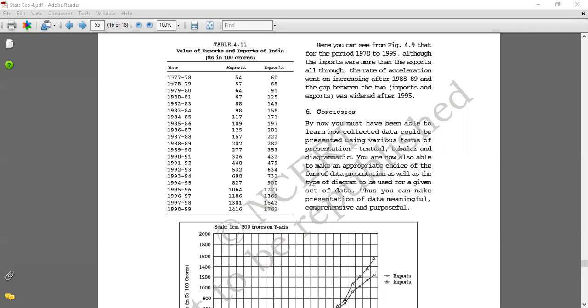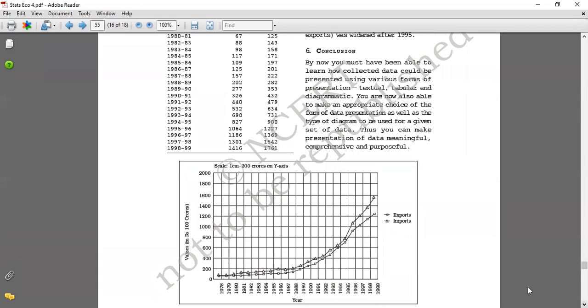So in 1977 to 78, export is this and import is this. To show these, they have used two different lines. From 77 to 78 there is a slight difference, but the gap increases here, and so it shows the main difference between both the variables. So if we want to compare two things over the same time period, it is quite easy with the help of a time-based graph.